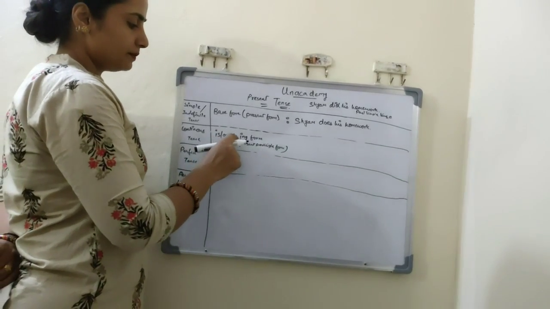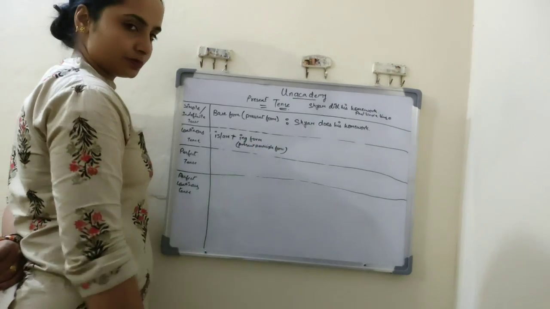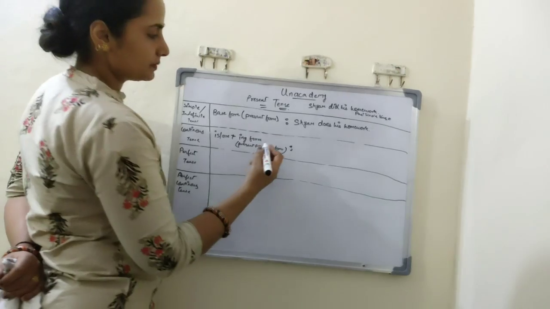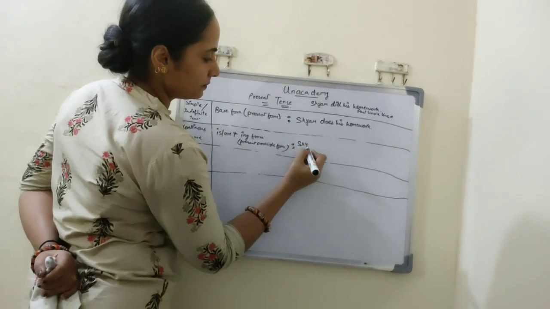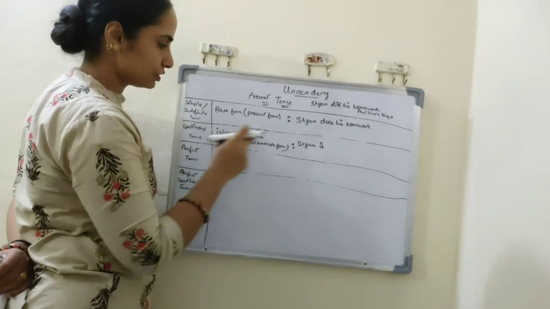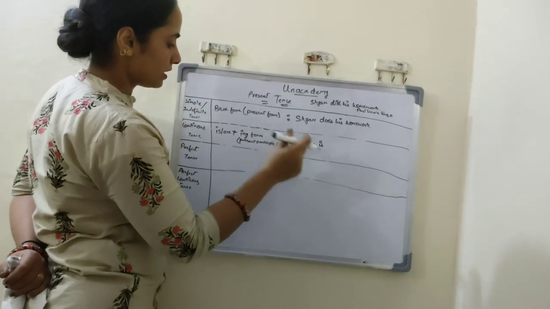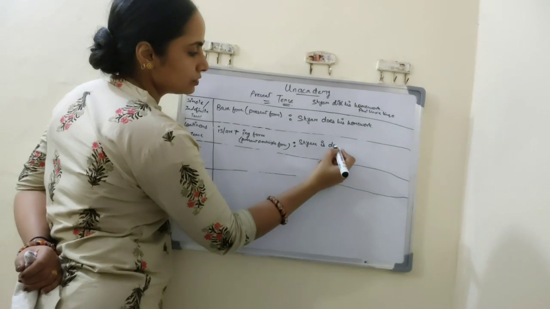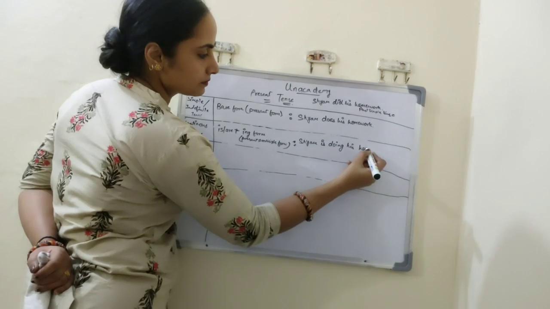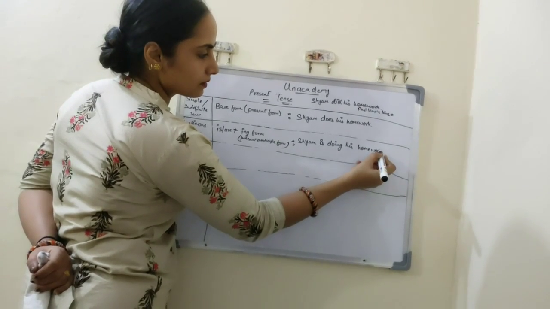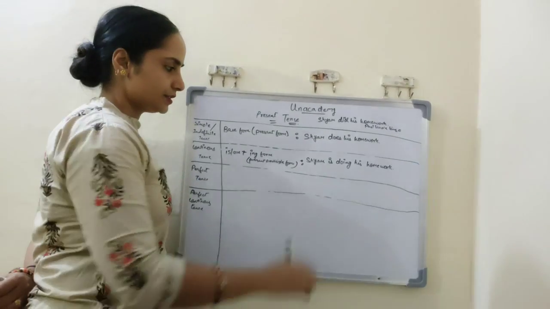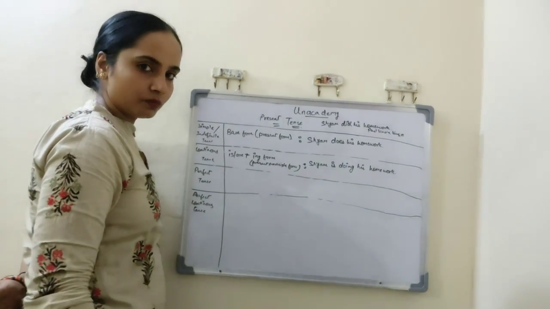So is, are plus the ing form, the present participle form. Alright, so let's convert a sentence. Shyam is, why is? Because Shyam is singular. So Shyam is doing his homework. Alright, Shyam is doing his homework.